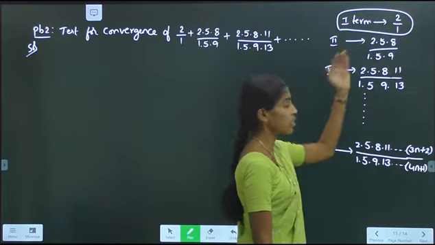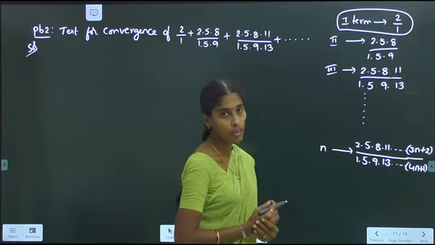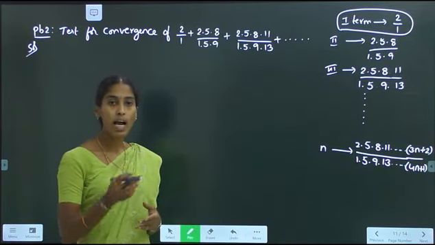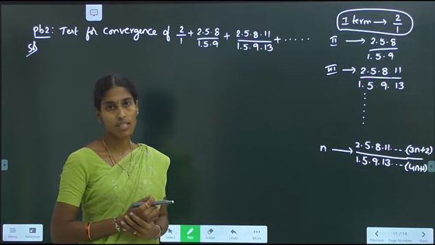What is the first term? It is 2 by 1, which is a finite value 2. So the nature of the series does not alter if we add a finite number to the given series, right?